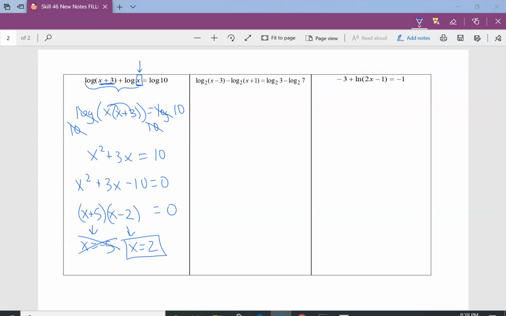Next one, I got to condense here. So I'm going to write this with the quotient. So log base 2 of x minus 3 over x plus 1. This side is just going to be log base 2 of 3/7. So you just set x minus 3 over x plus 1, oh, I'd be doing 2 to both sides, equals 3/7.